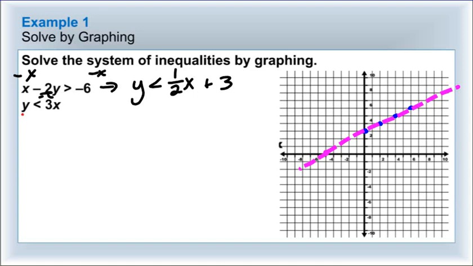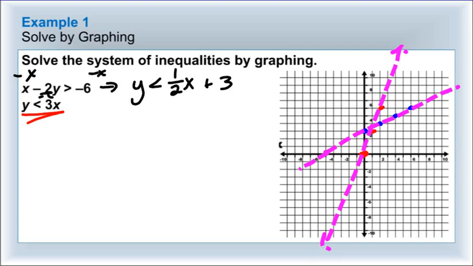And then this other one, I have a point at 0, 0. And I have a slope of 3, so up 3, 1, 2, 3 over 1, up 3, 1, 2, 3 over 1. And I have a dashed line for this one as well. So I draw a dashed line here.